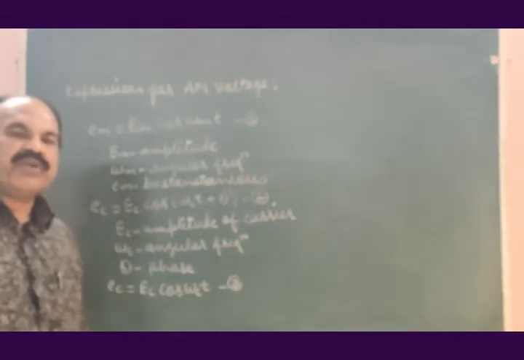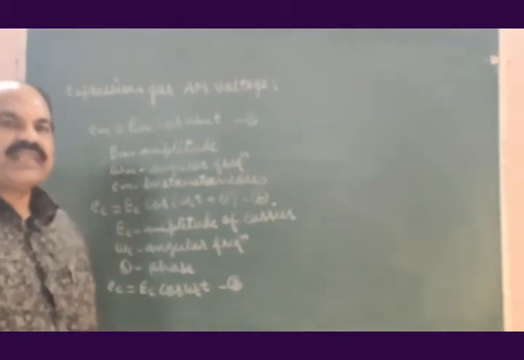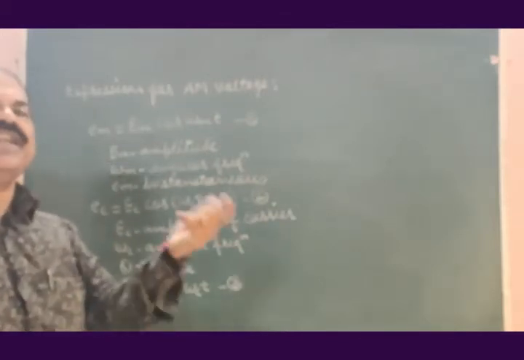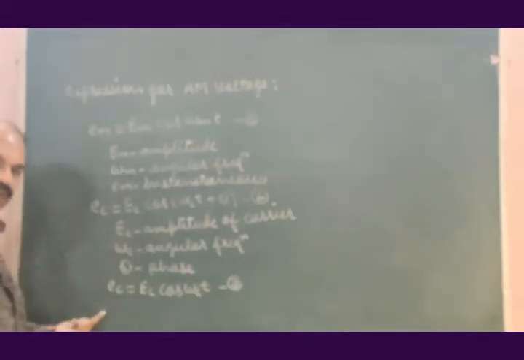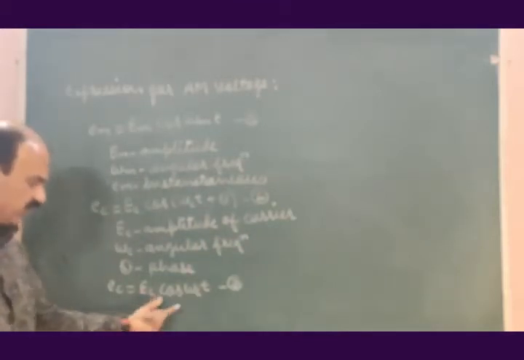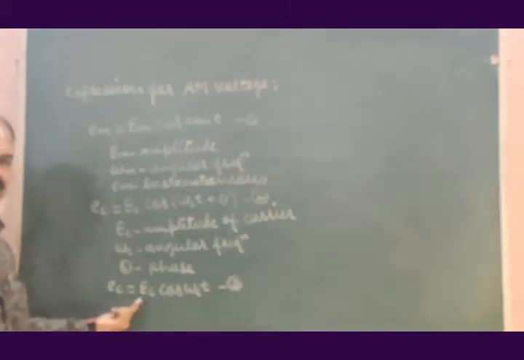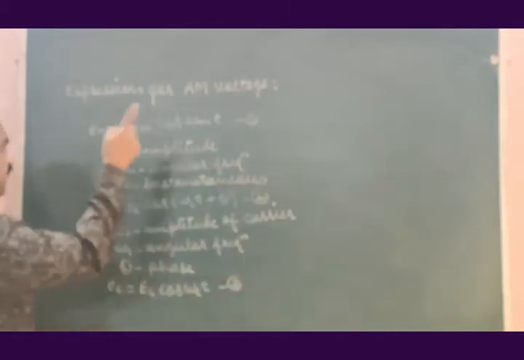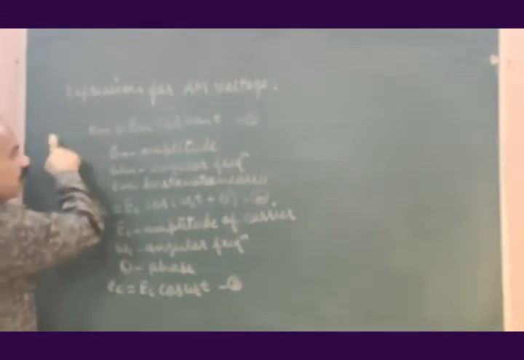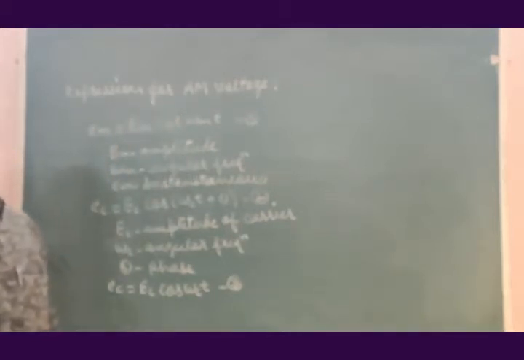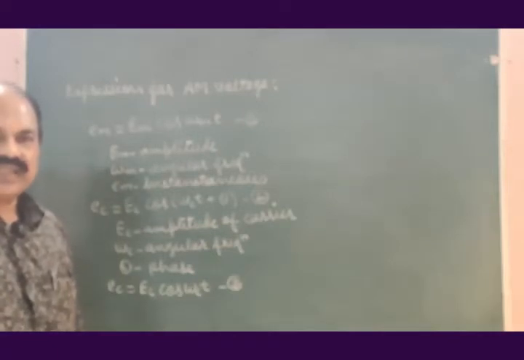What is definition of amplitude modulation? It is the process in which amplitude of carrier voltage is varied in accordance with instantaneous value of the modulating voltage.